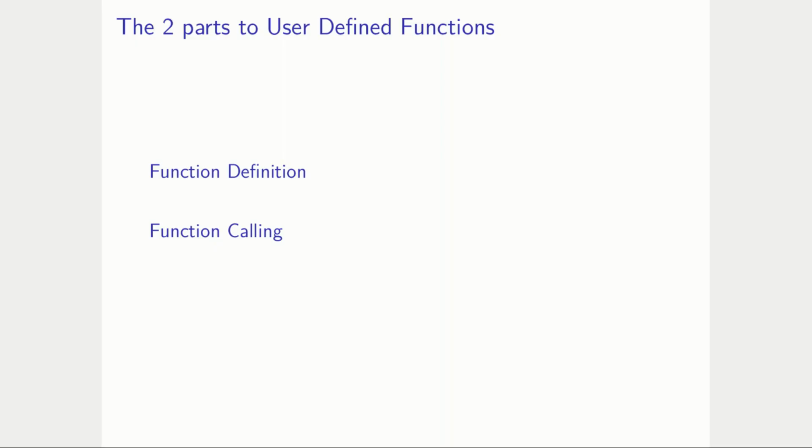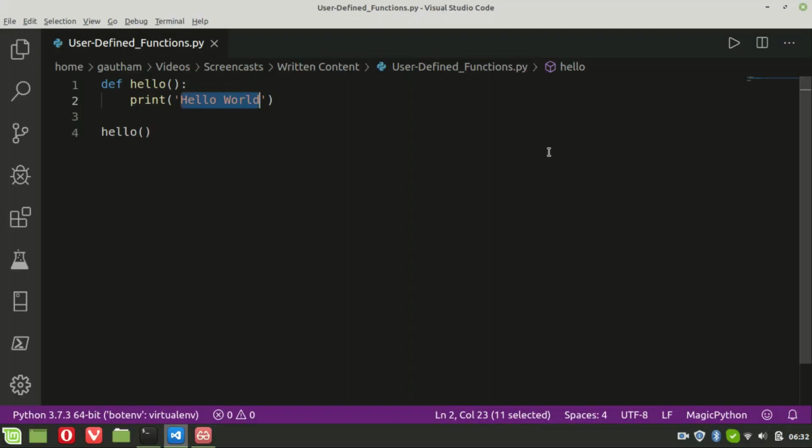Let us look into the next part, the control flow. As soon as the Python interpreter comes across this code, it defines this function and stores it in the memory. When it comes to this line, it checks for anything available with this name.